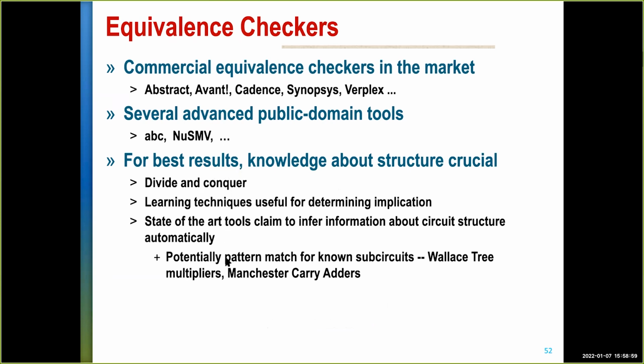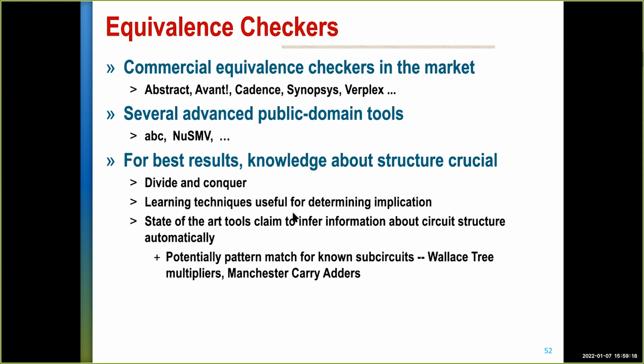Typically a lot of heuristics are used, but divide and conquer is usually quite effective. Basically, if you can show that small parts of the circuit or small parts of the behavior are equivalent, then you can use that to show that other subsequent things are equivalent. Circuit structure is also used. For example, Wallace tree multipliers and Manchester carry adders can be pattern matched, and then you already know what they're doing. So all of these things can be used.